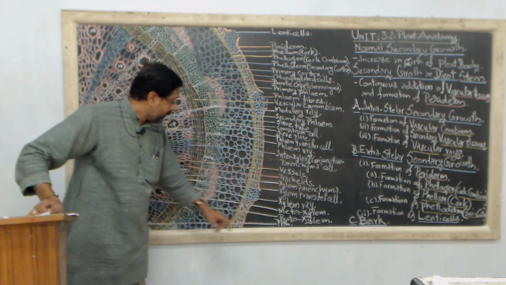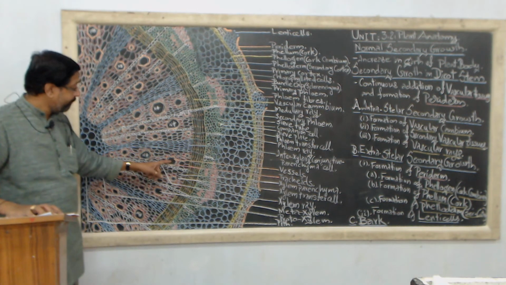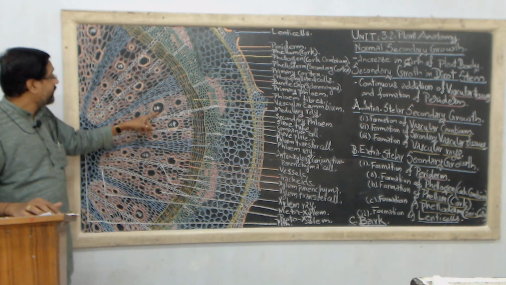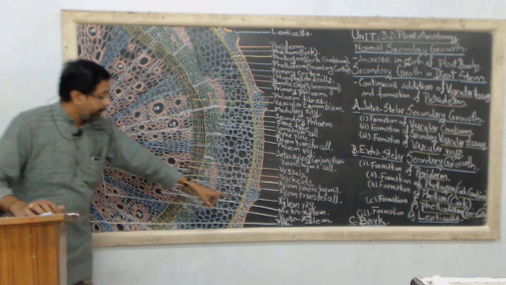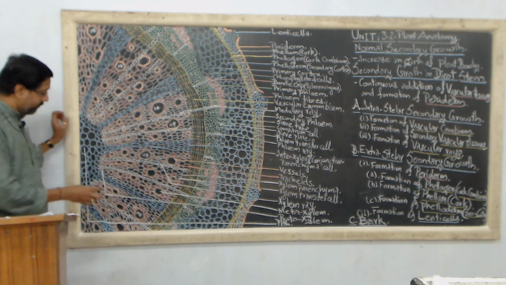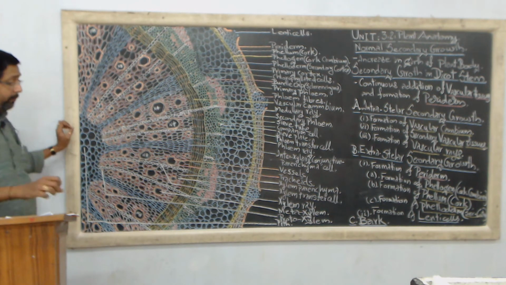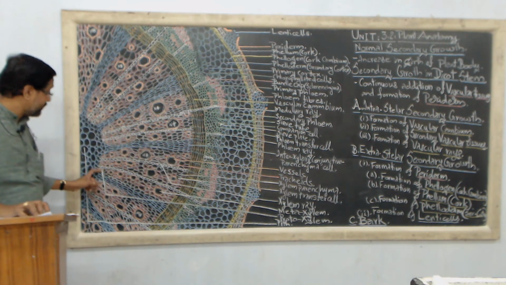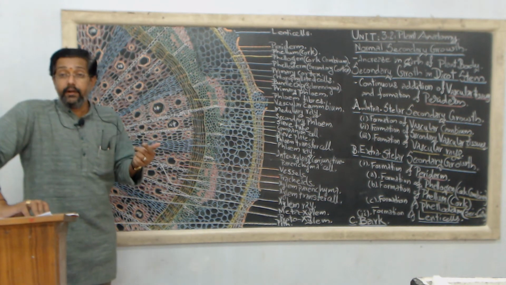Coming to the differentiation of the xylem during secondary growth, we can see the wider vessels, the metaxylem vessels, present in the secondary areas of xylem. It also contains some protoxylem elements, which are usually placed inside the innermost portion of the xylem. Metaxylem is derived during secondary growth in thickness, and protoxylem is derived during primary growth in the dicot stem.